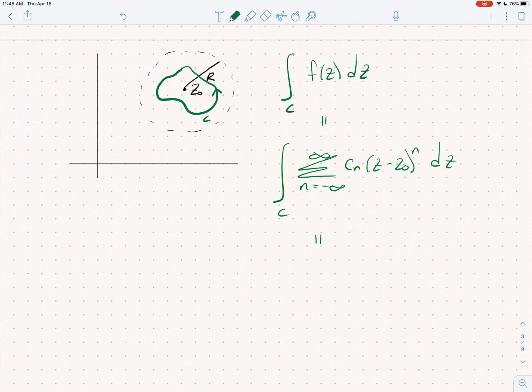We said we can integrate term by term, so I can write this as the sum from n equals minus infinity to infinity of c_n times the integral over C of (z - z₀)^n dz.